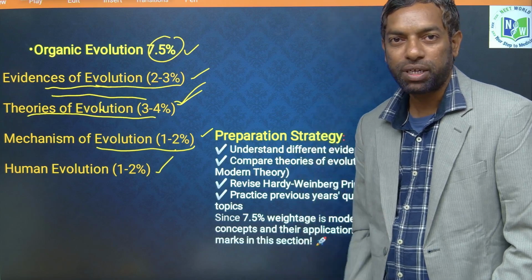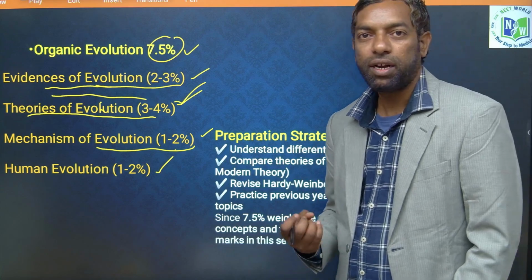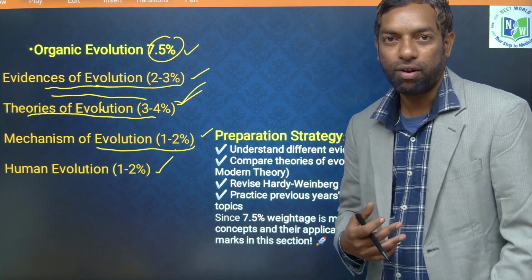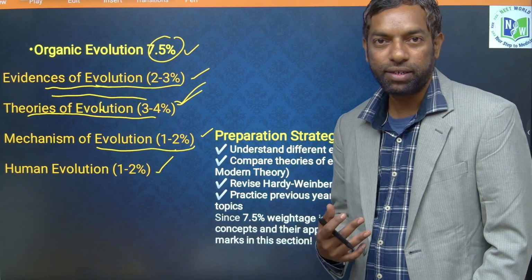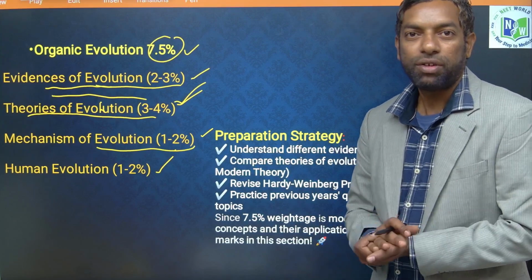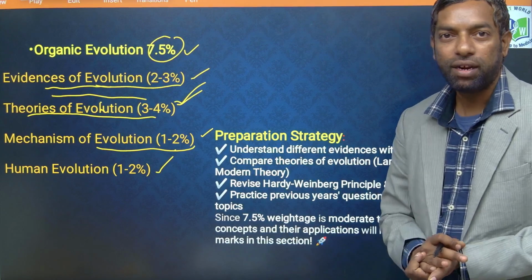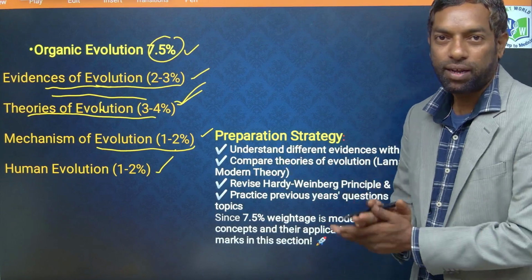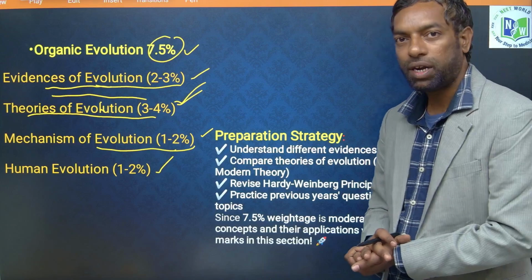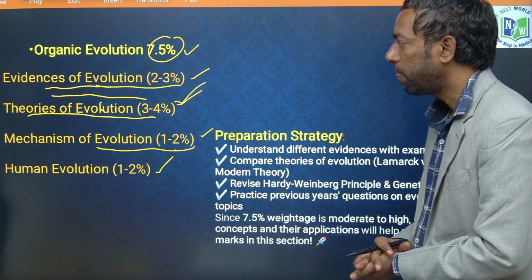There can be a question like how Homo sapiens evolved, the eras and periods, the Pliocene era. What is the difference between a period and an era? Such questions will come in human evolution.